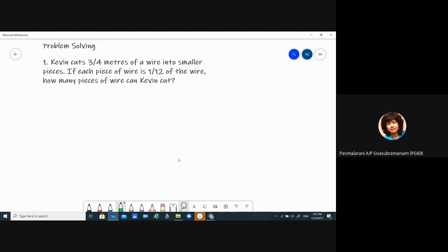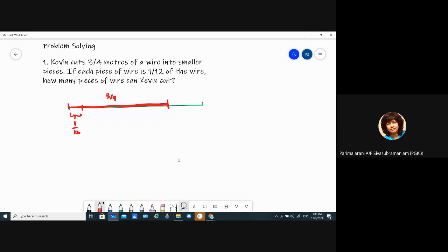Say this is 1 meter. Kevin has 3/4 of a meter, and he cuts this into smaller pieces. Each piece is 1/12 of a meter.